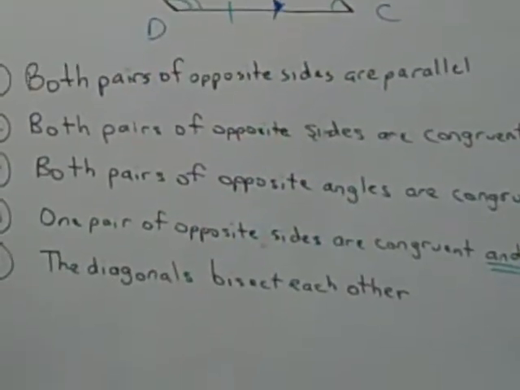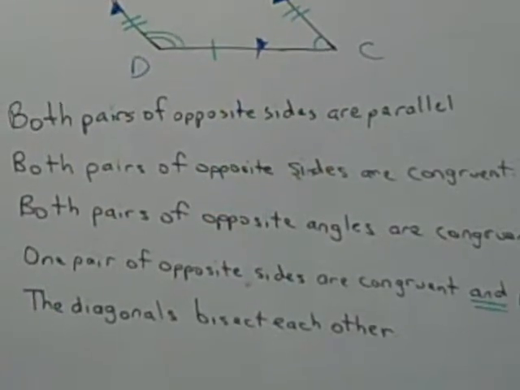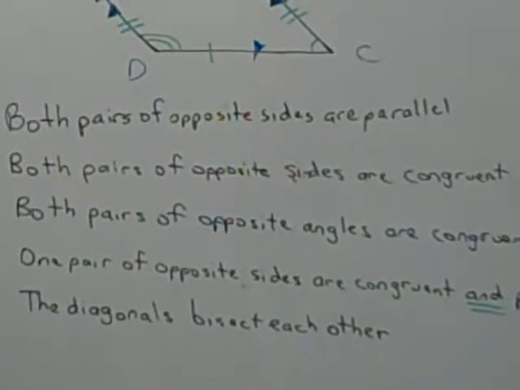If I can prove that the diagonals bisect each other, then I've proven that the quadrilateral is indeed a parallelogram.